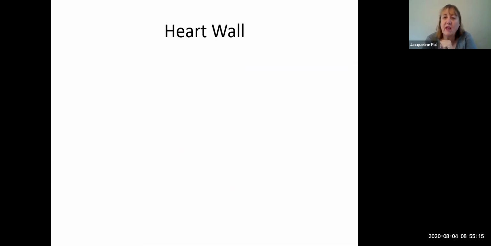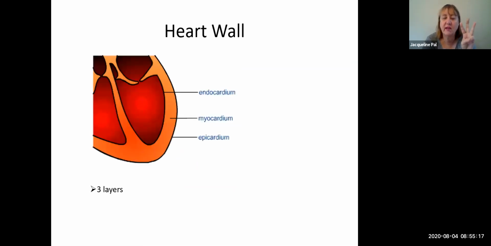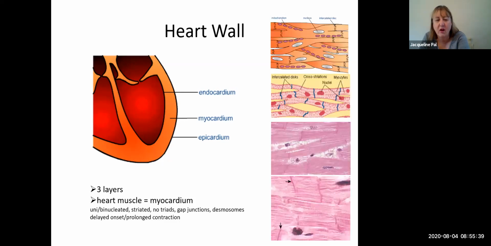So when we're looking at the heart wall, we have three distinct layers. The heart muscle itself is the myocardium. And on the inner surface, we will have the endocardium. And on the outer surface, we will have the epicardium. And now you're going to say, wait a minute, Dr. Powell, didn't we just say on the outer surface of the heart, we had parietal pericardium?